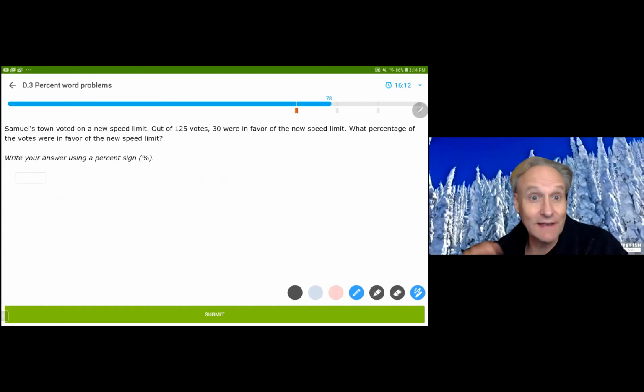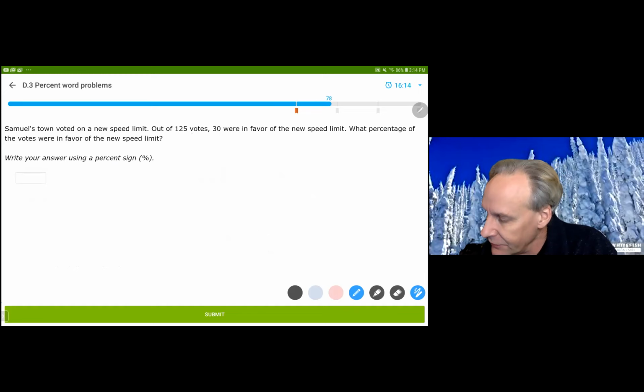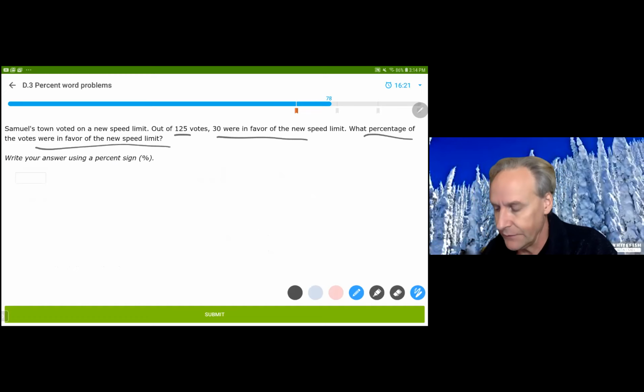Satisfying when it does the glink, right? Out of 125 votes, 30 were in favor of the new speed limit. What percentage were in favor of the new speed limit? Now, keep in mind, they may ask sometimes to do the other side, but in this case, they were asking the 30 out of 125. Now, in order to simplify this, I'm going to divide by 5. Now, there's a reason I want to get it in 25ths. When I divide by 5, I get 6 out of 25, and that's easy.